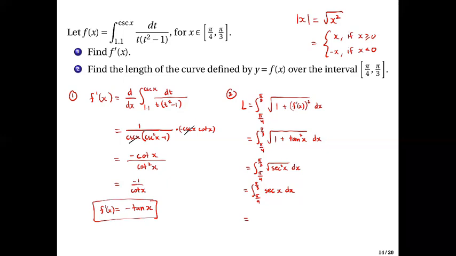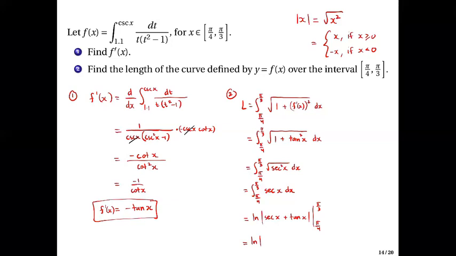Now, integrating secant, that's ln absolute value of secant x plus tangent x. And then we evaluate this from pi over 4 to pi over 3. So if we evaluate this, we'll just have ln absolute value, secant of pi over 3. So cosine of pi over 3, that's 1/2.